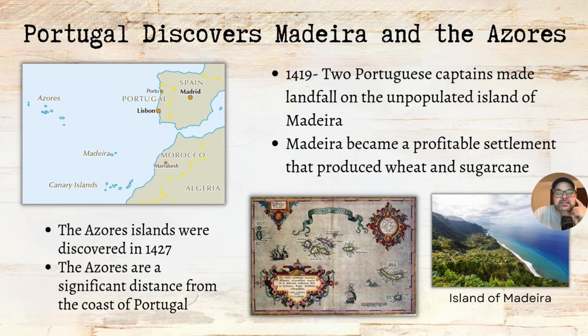So it really makes sense that the next set of islands they discover is an archipelago called the Azores. The Azores, still inhabited, still claimed by Portugal. They would claim that and settle those set of islands in 1427.